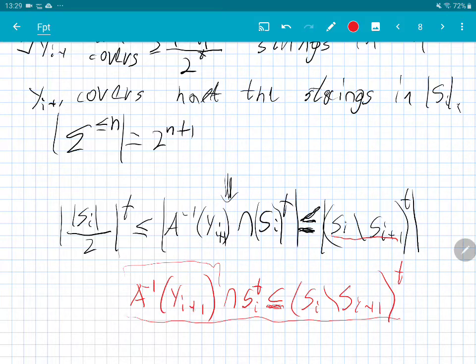is being covered, and as such, then those strings are essentially contained in this set.